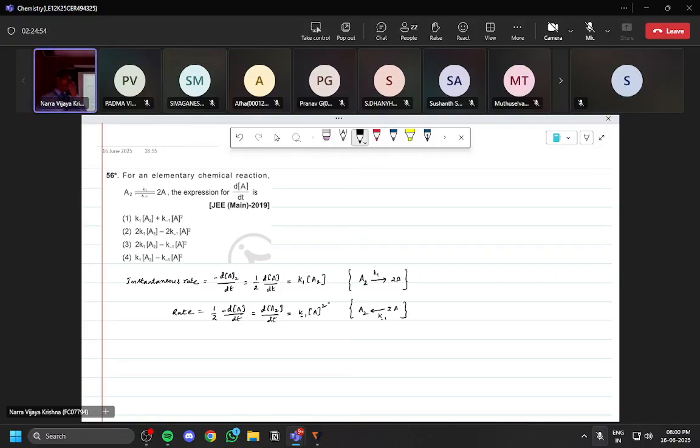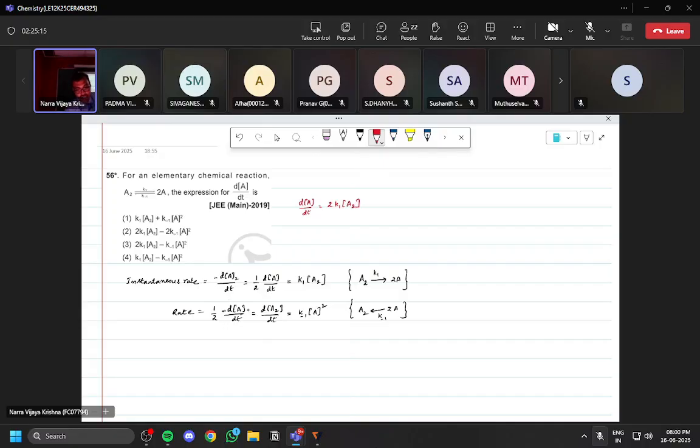Now what do they want? They want everything in terms of dA by dt only. Now what can I write for dA by dt here? dA by dt equals 2 K1 into A2.